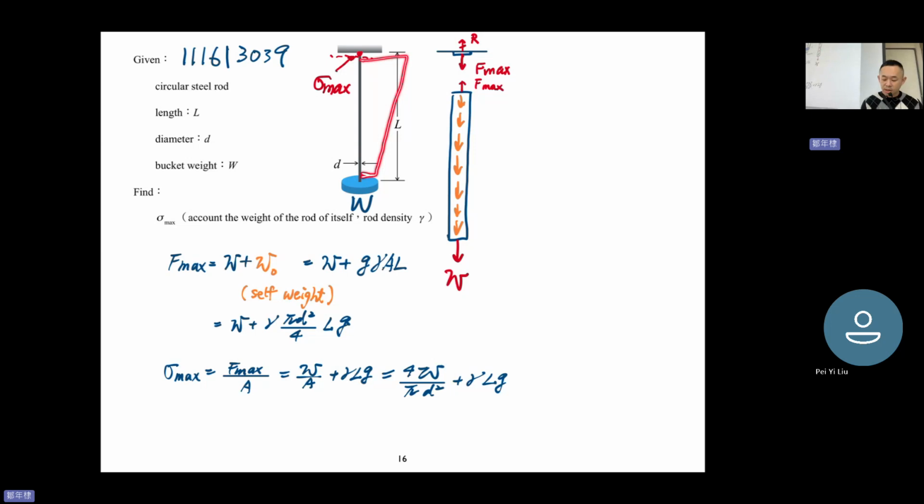And this is not stress zero. Only if this point is stress zero, only if there's no weight underneath. Good. I will give you time to write down all these notes.